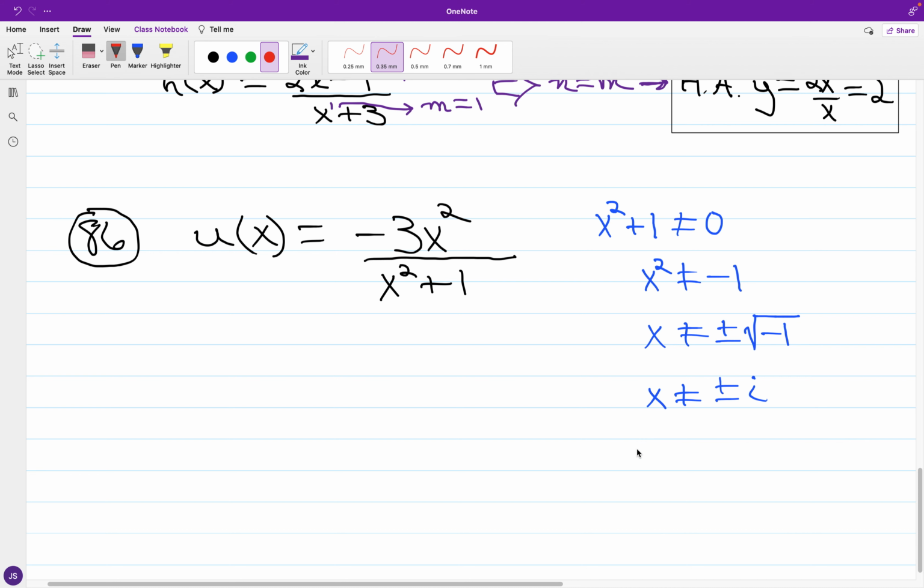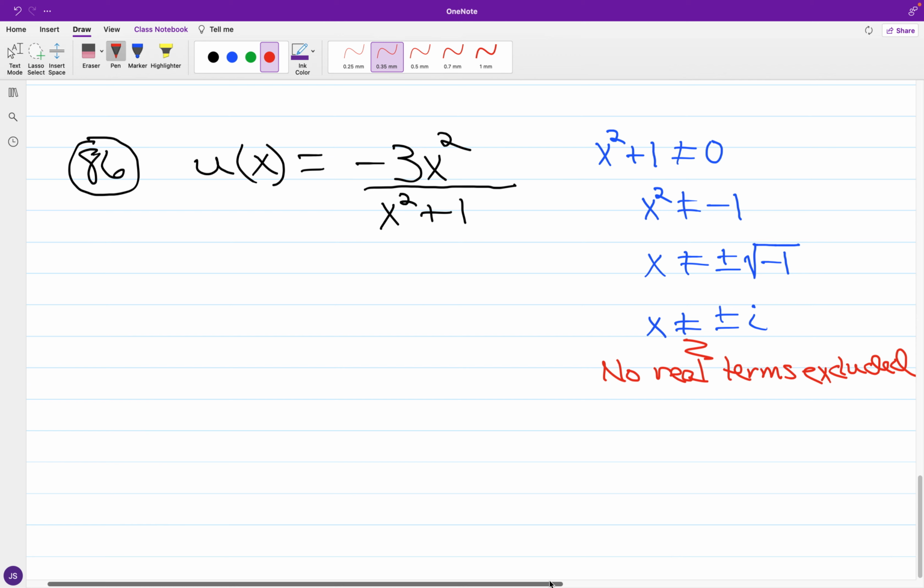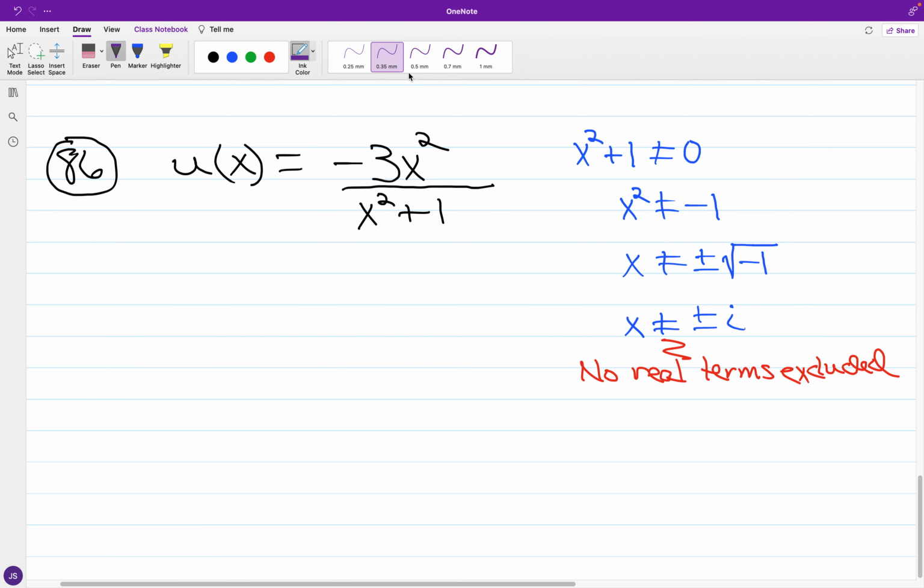Notice that we do not have any real terms excluded. So that means a couple of things here. First of all, if there are no real terms excluded, the domain is going to be the set of all real numbers.